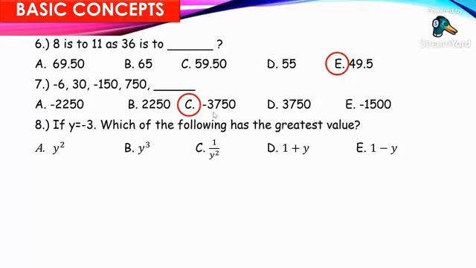Okay, number 8. If y is equal to negative 3, which of the following has the greatest value? So exponent naman tayo. So A, y squared, B, y raised to 3, C, 1 over y squared, D, 1 plus y, and E, 1 minus y.